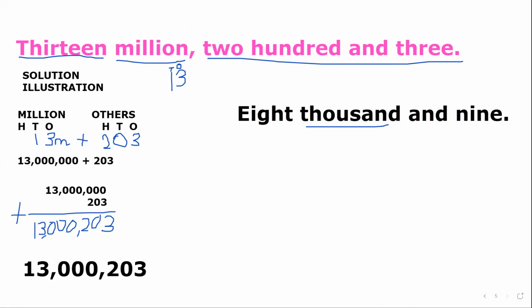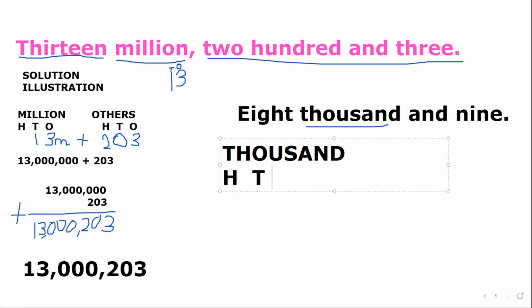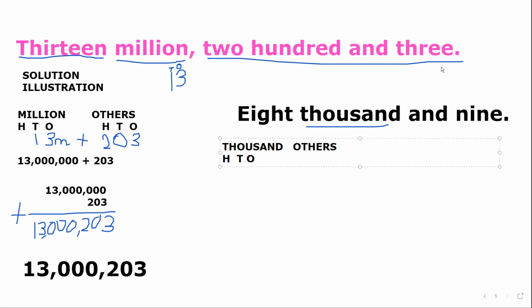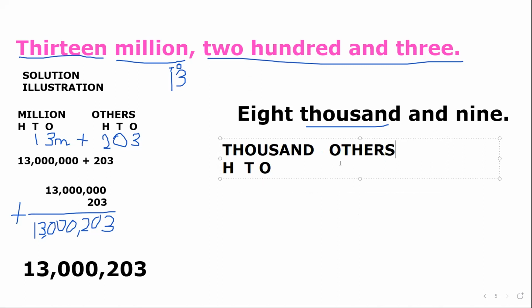Okay, so you write the 1,000, the names will be hundreds, tens, and ones, and then you move on to others. The names of others: hundreds, tens, and ones. Okay, good.